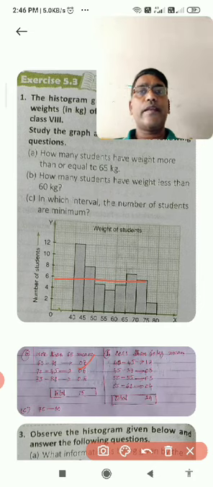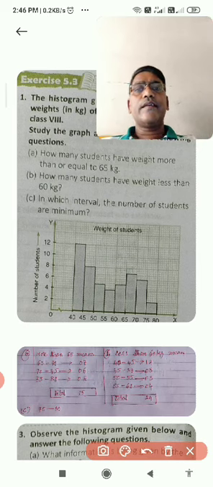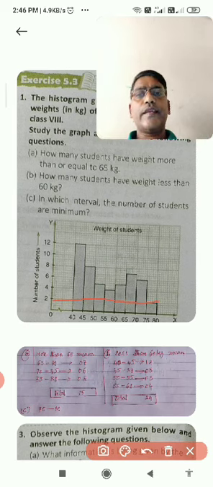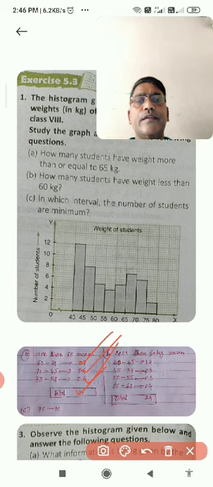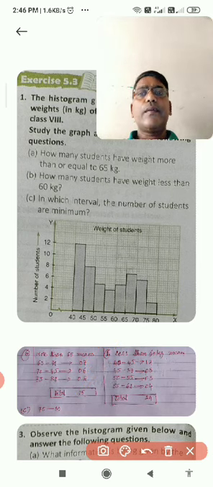You keep the ruler and find out, it is very easy. Third, 75 to 80, clearly it is given as 2. Now adding these, 7 plus 6 plus 2, you get 15. So the number of students with weight 65 kg or more is 15.